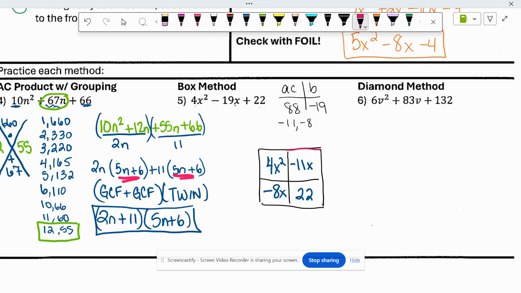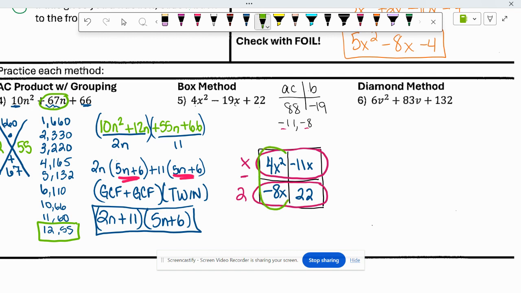So let's see. What's the greatest common factor between 4x and negative 11? Just x, right? 11's not divisible by 4. Yep. What's the greatest common factor between 8 and 22? 2. Both your factors are negative, so both my binomials are going to be joined with a negative.